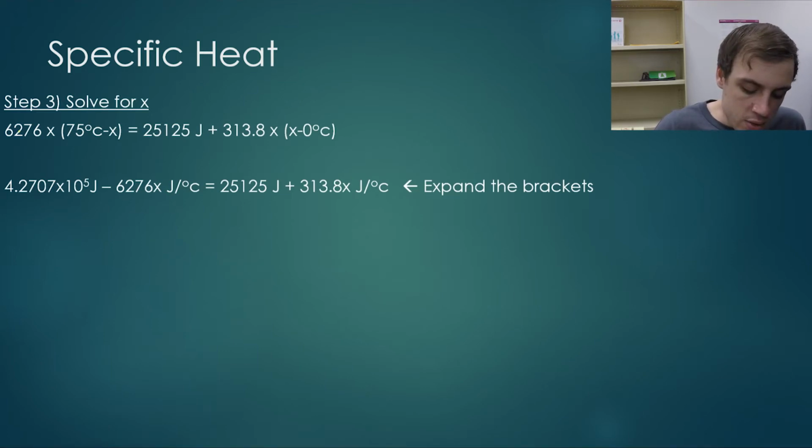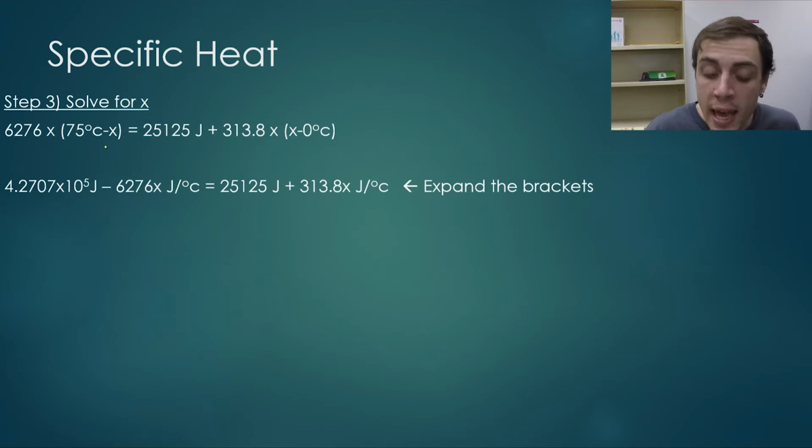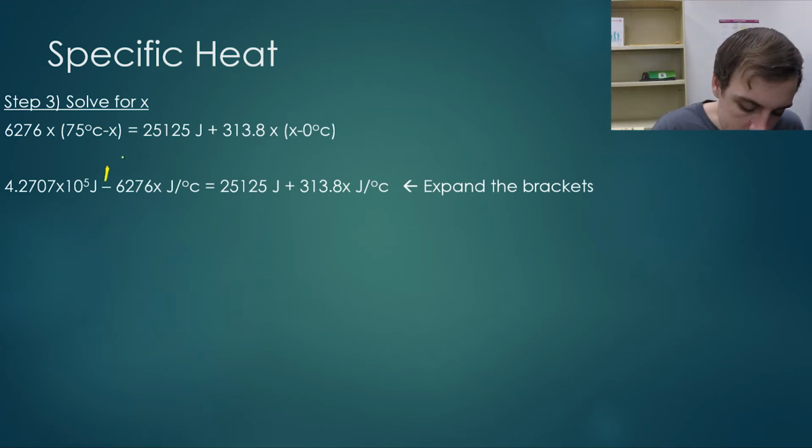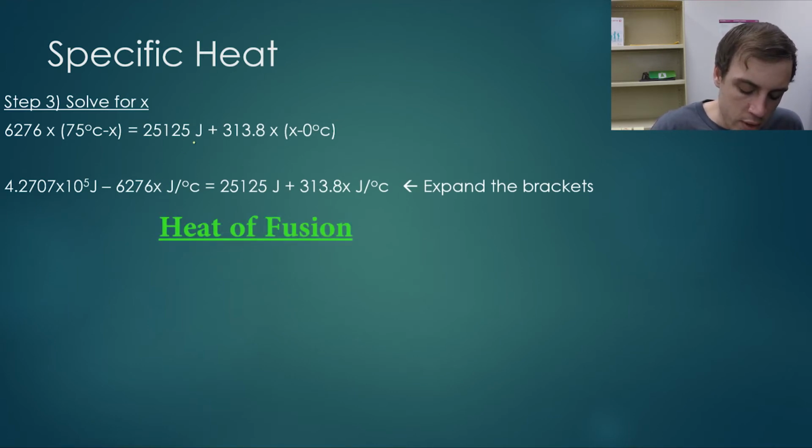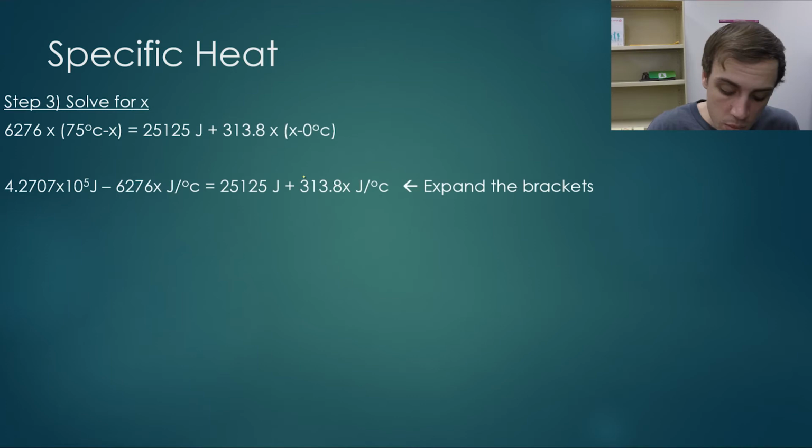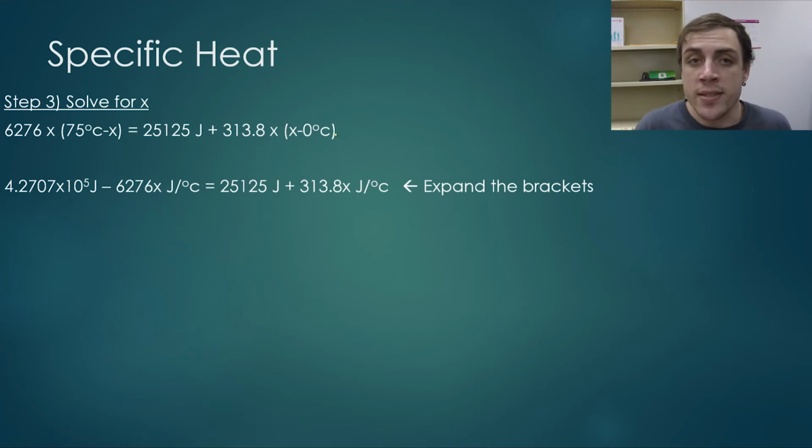Then 6,276 times negative X gives us negative 6276x, is equal to, we've got our energy here, that's fine. Then we have 313.8 times X, which gives us 313.8x. Then we've got 313.8 multiplied by negative 0, and anything multiplied by 0 is 0, so I haven't placed that in here.